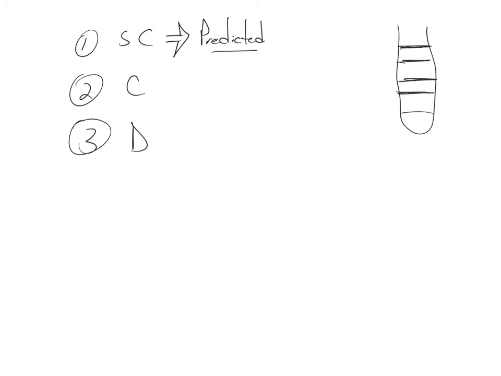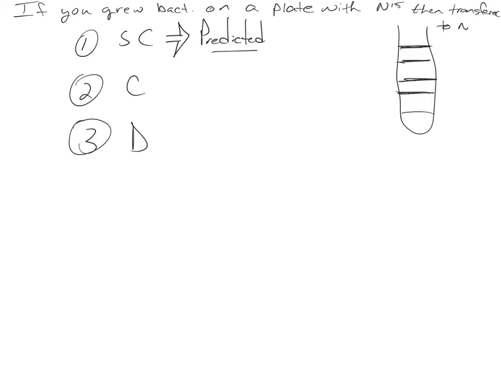If you grew bacteria on a plate, and I mean petri dish, right, with nitrogen 15 and then transferred to nitrogen 14, the semi-conservative model predicted something.